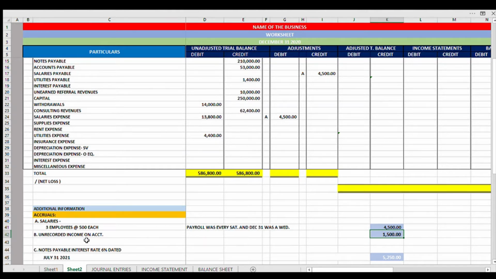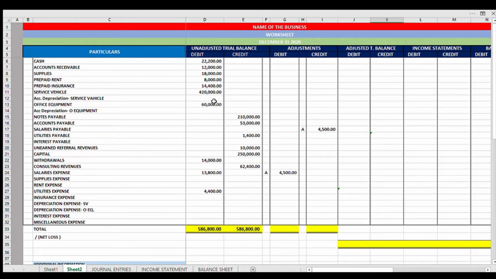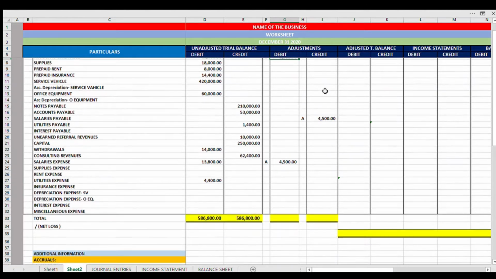So, ang ating debit dyan ay, since this is an accrual of income, we will have a receivable. So, meron tayong receivable dito. Okay, debit syempre. Okay? At ang amount ay 1,500 debit accounts receivable.